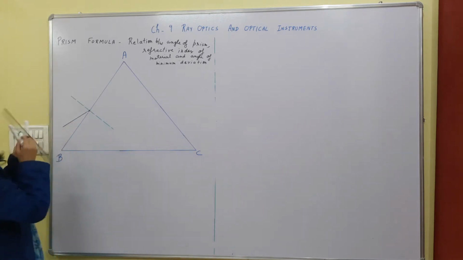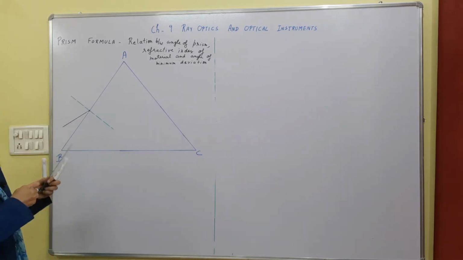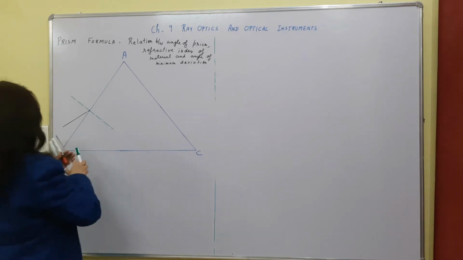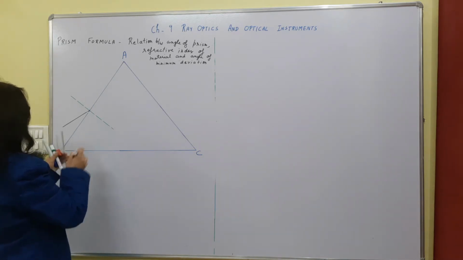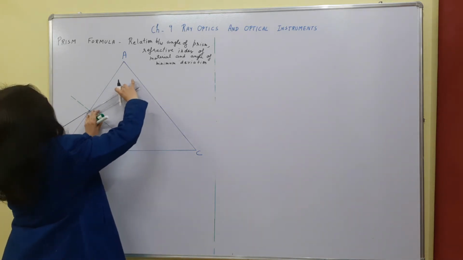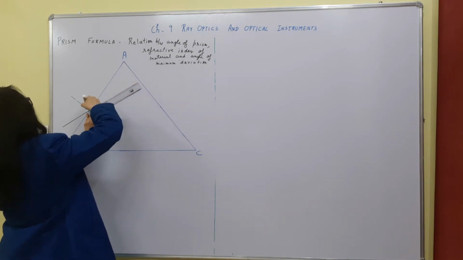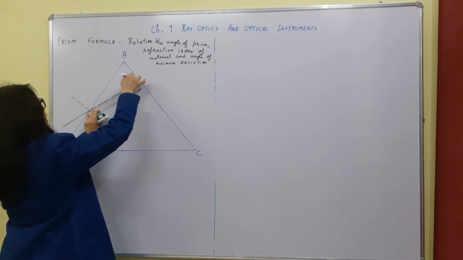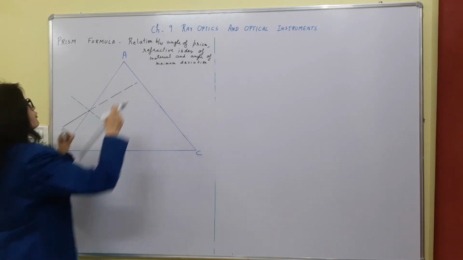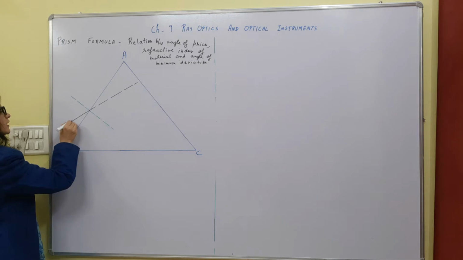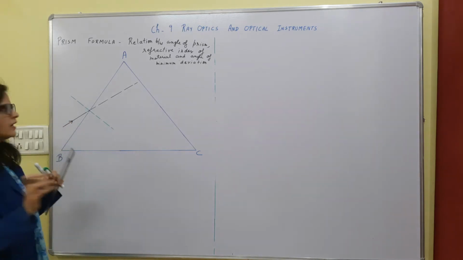Then it will bend towards the normal. So instead of going straight, it would have gone straight in case there would have been no change of medium. So this is the incident ray. Arrows are important to be marked.